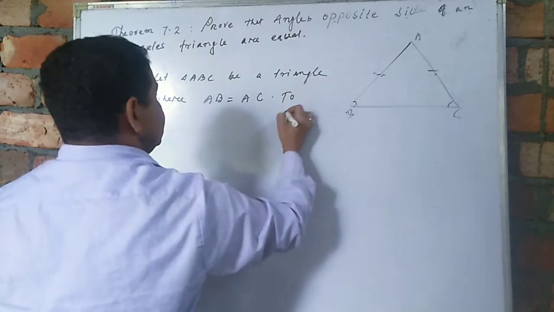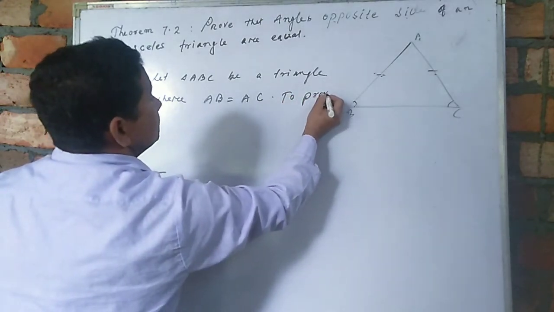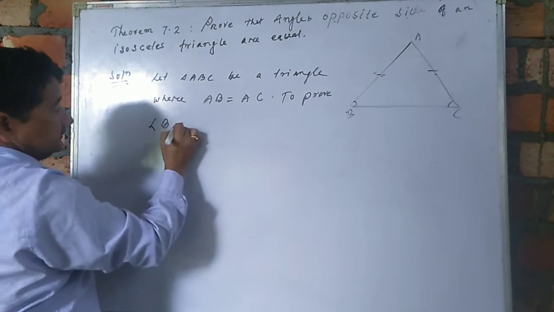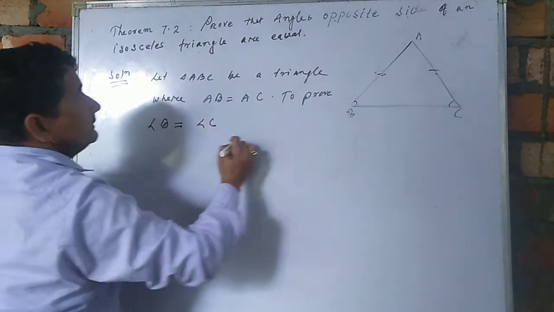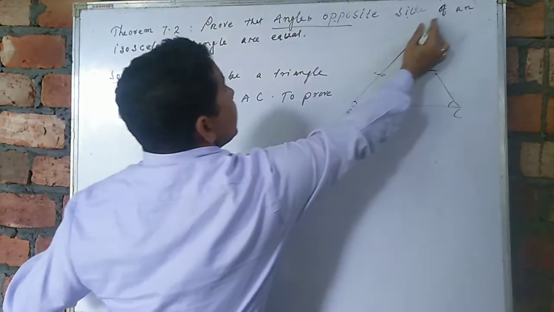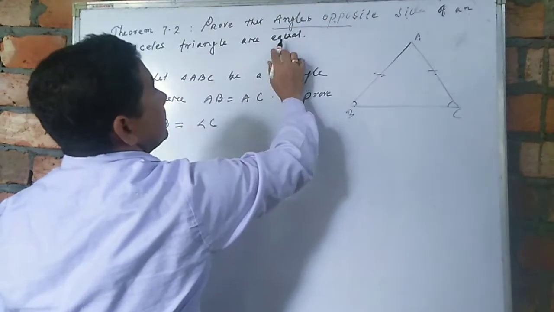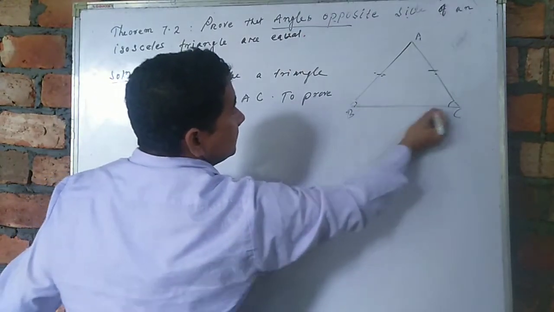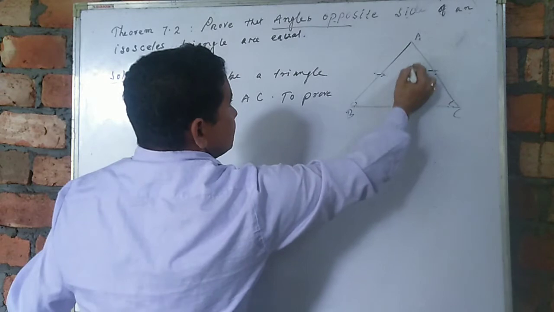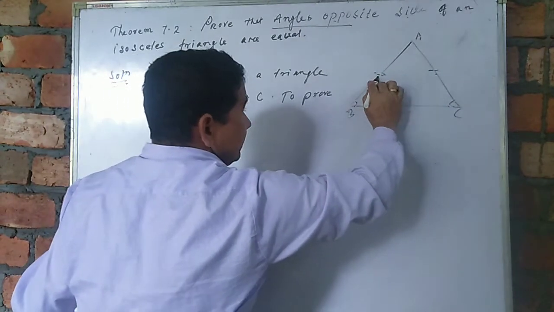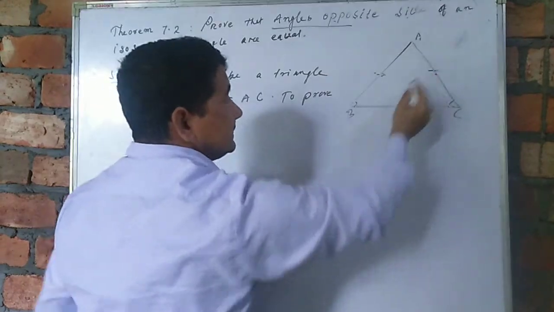To prove angle B is equal to angle C. Given that the angles opposite the equal sides of an isosceles triangle are equal. We have to prove the opposite angles of the two equal sides are equal. Suppose ABC is a triangle and AB equals AC.